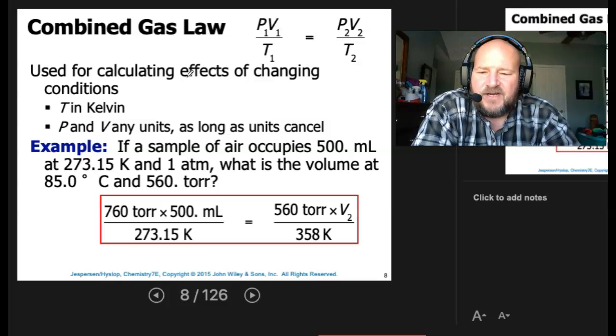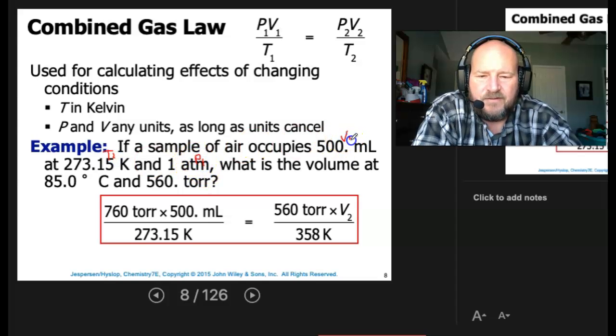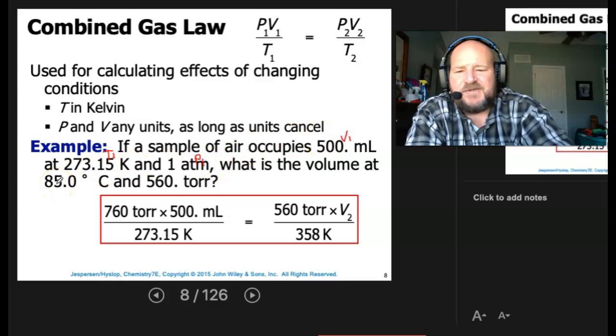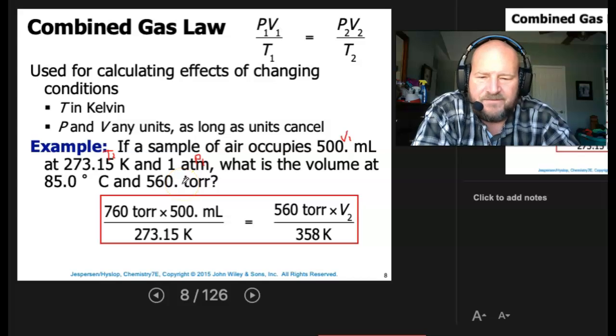So again, we can plug and chug this. We know we're starting at 760 torr because we're at 1 atmosphere. We'll multiply that by the 500 milliliters. Then we'll divide that by our 273.15. Right? So that was T1, P1, and V1. And then we have a T2, we have a P2, and we're going to be looking for V2.